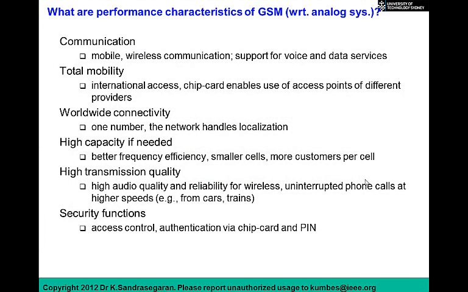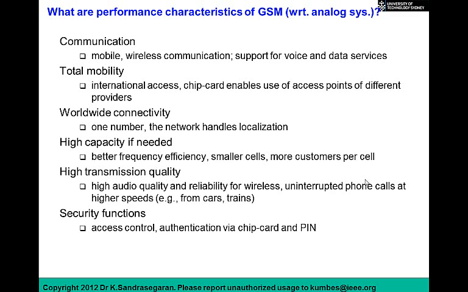So in terms of any mobile technology, what are the important aspects that a mobile technology should provide to a subscriber? Well, the most important one is the communication aspect, wireless communication, mobile.